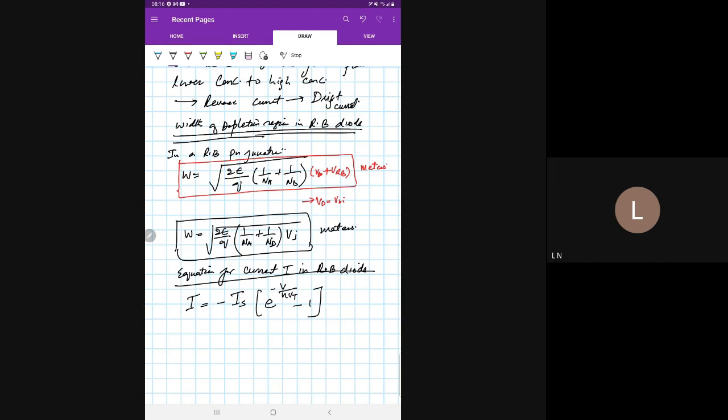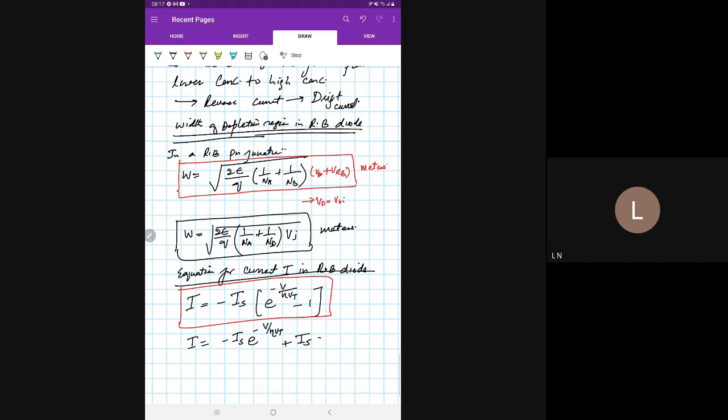This is the Shockley equation that we have already defined in forward bias also, but here we have a minus sign because the current will be opposite to the forward bias. Now here, I will be equal to minus I of S e to the power minus V by eta Vt plus I of S.